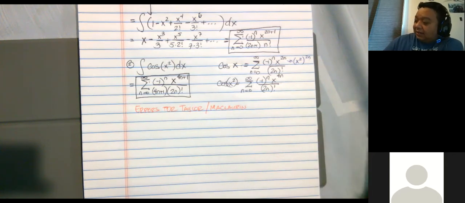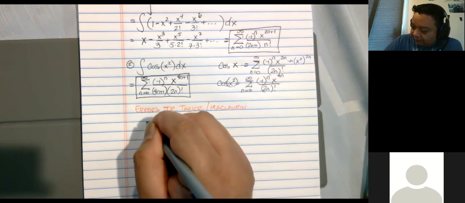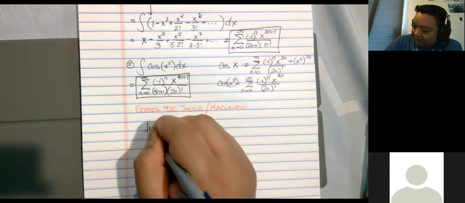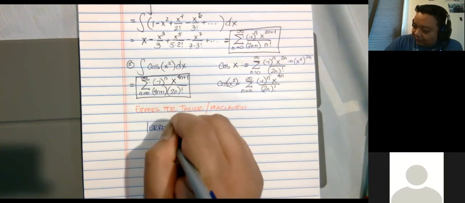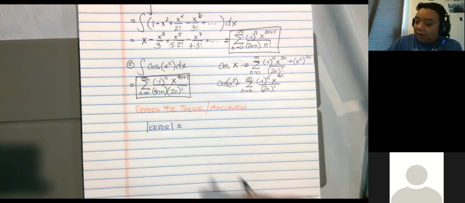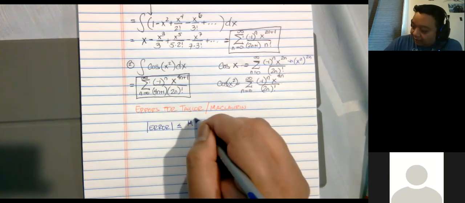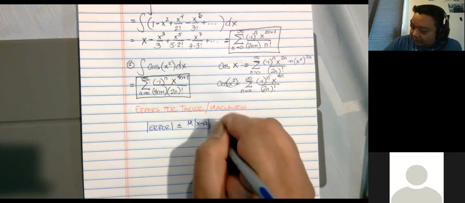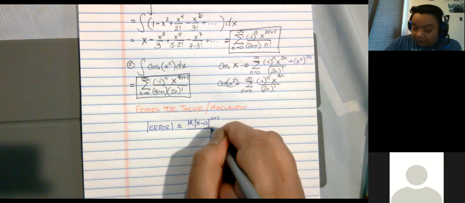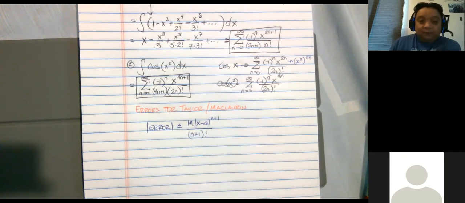Basically the absolute value of the error is less than or equal to M times the absolute value of x minus a to the n plus 1, all over n plus 1 factorial.